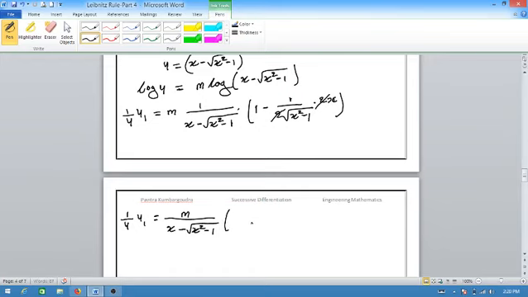So take the LCM, root of x square minus 1 is common. Root of x square minus 1 minus x divided by root of x square minus 1.